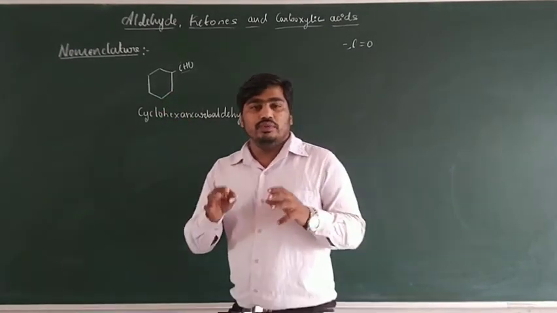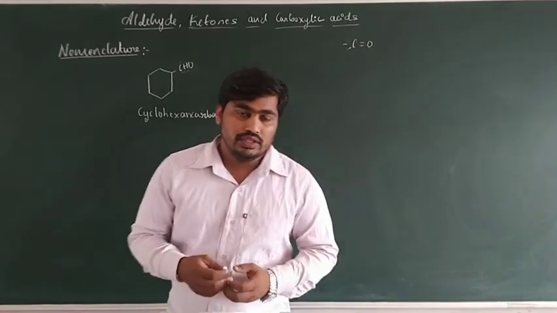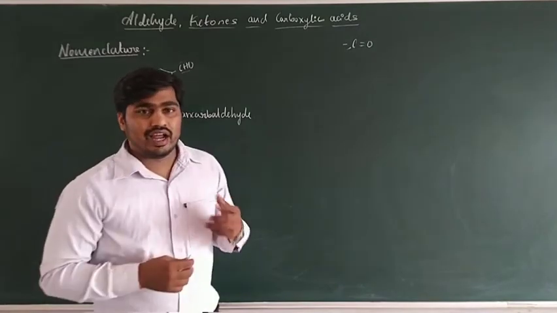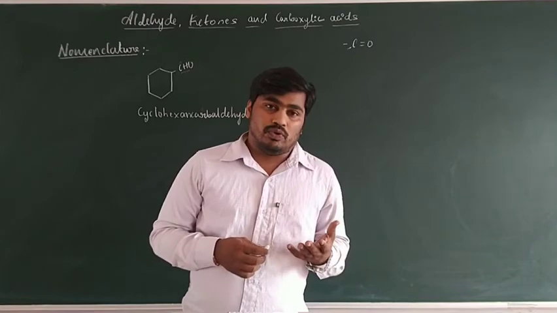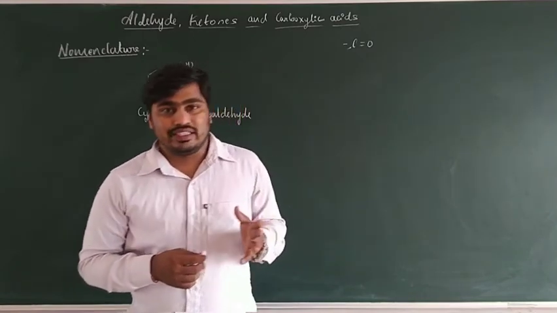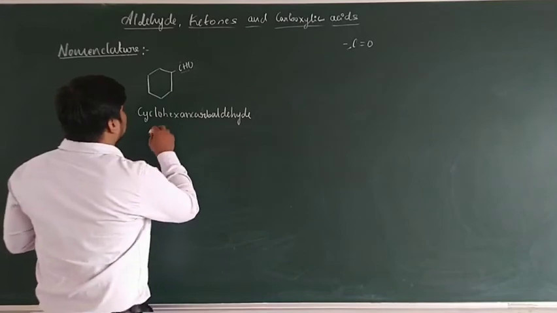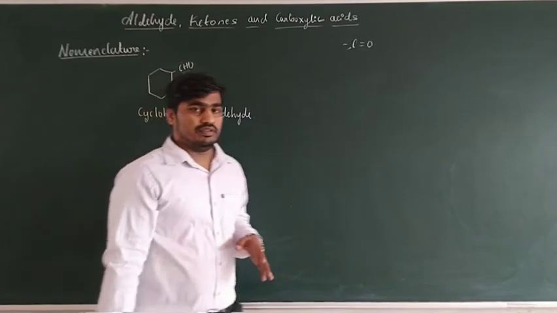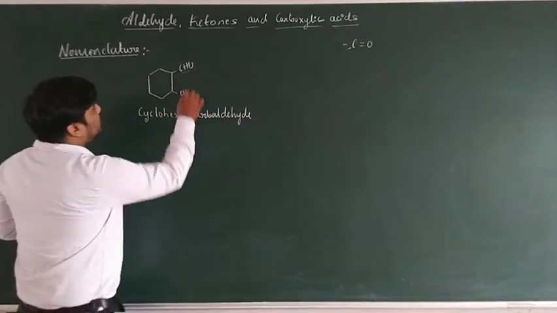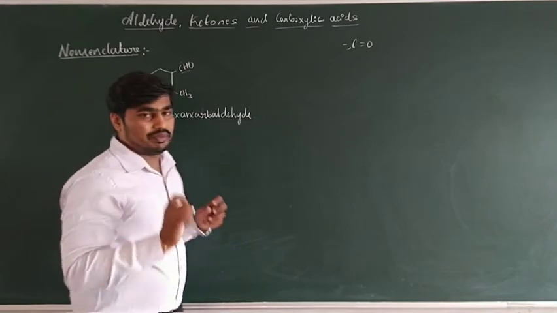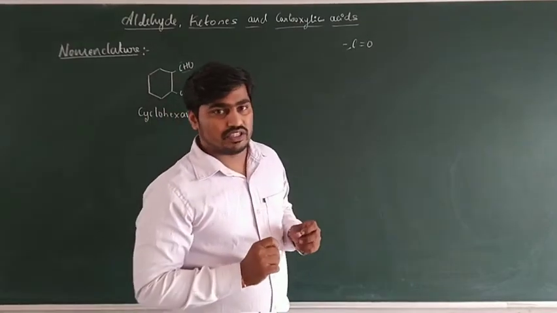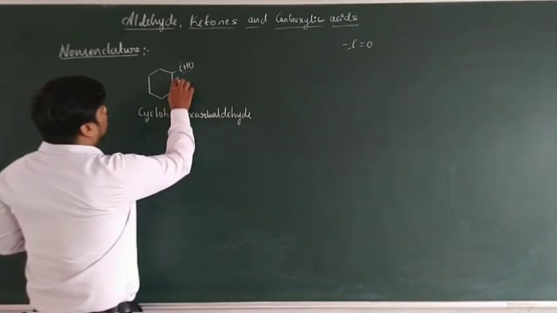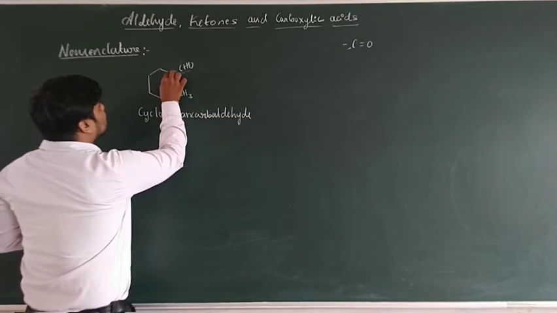So similarly, we give names for the cyclic compounds. Suppose cyclohexane carbaldehyde contains a methyl group anywhere on the ring. In the common naming system, we use the prefixes alpha, beta, gamma and so on. In this compound, the carbon attached to the functional group is known as alpha.